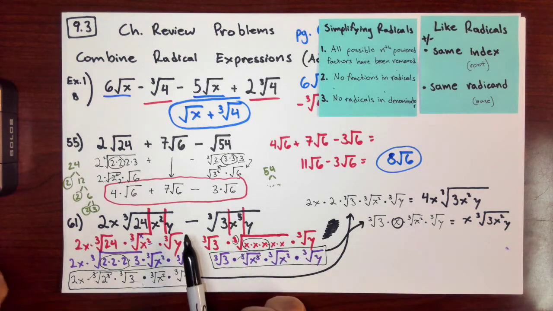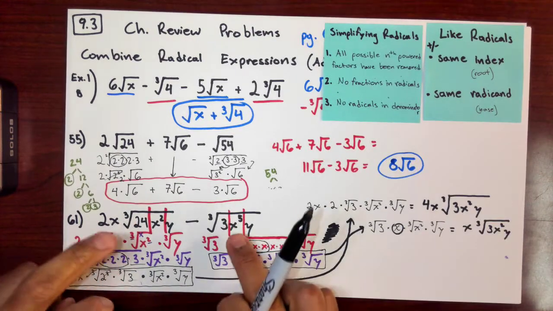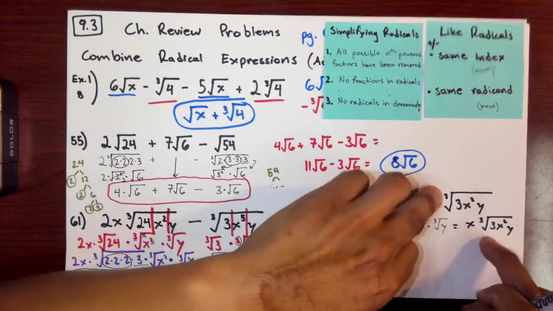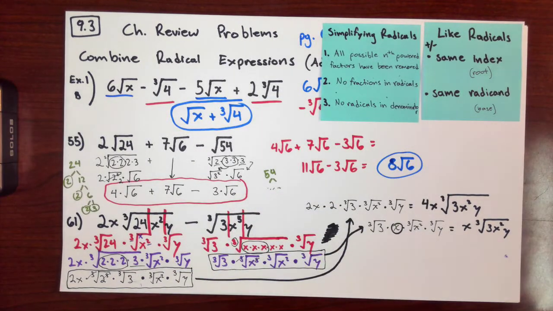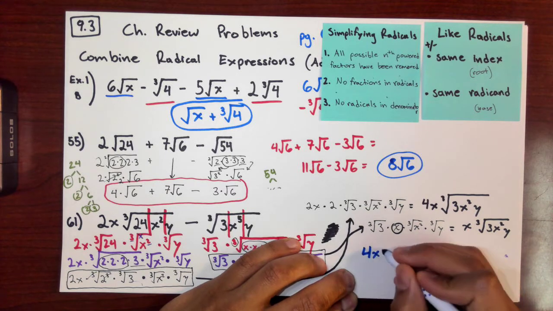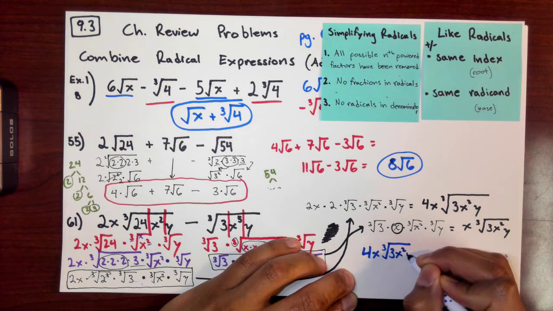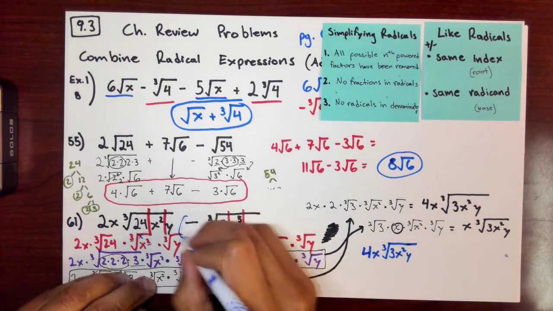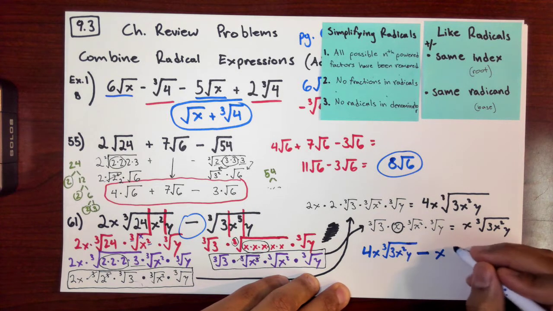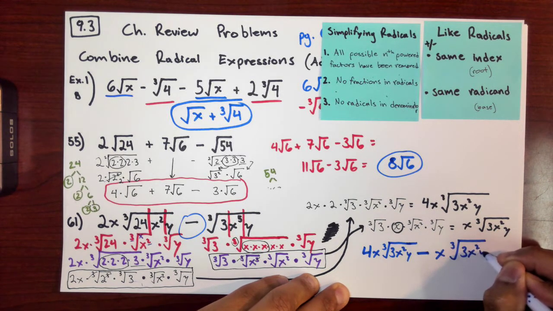Now, if you remember, the problem originally was a subtraction problem between these two. All we did was simplify these two, right? We simplified these two things into this. So let's rewrite the problem as 4x, the cube root of 3x squared y minus x times the cube root of 3x squared y.